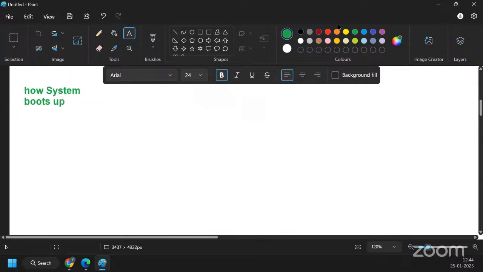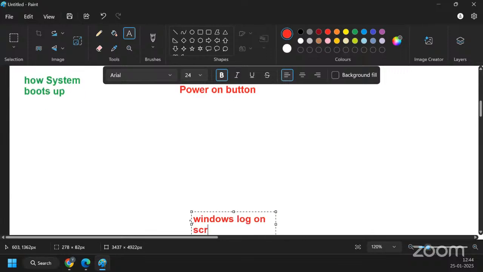I mean, what is the process between pressing the power on button and getting the Windows logo on screen? Any guess? Any idea what the process is between these two things?